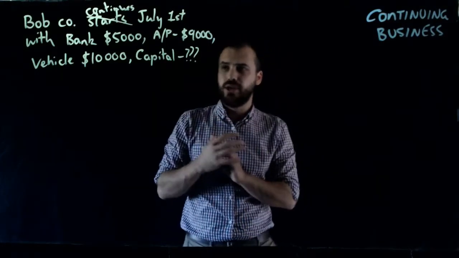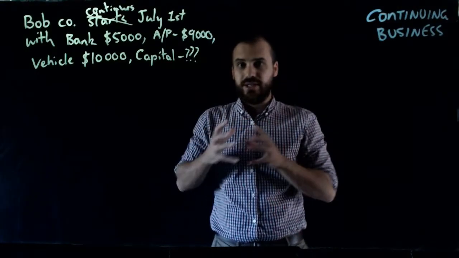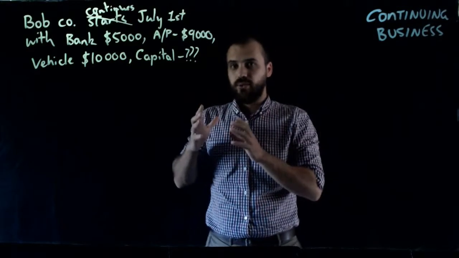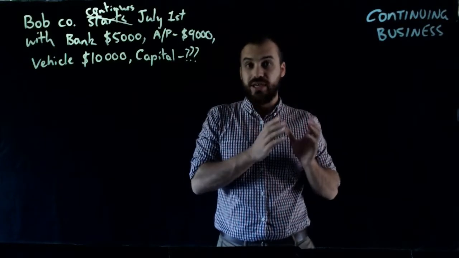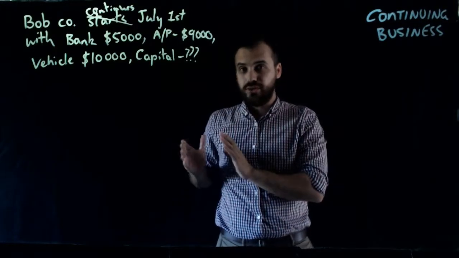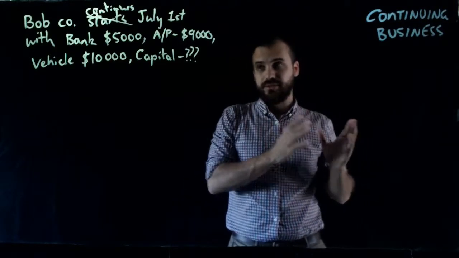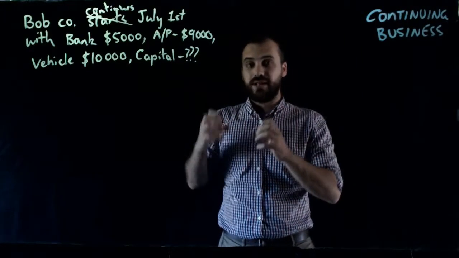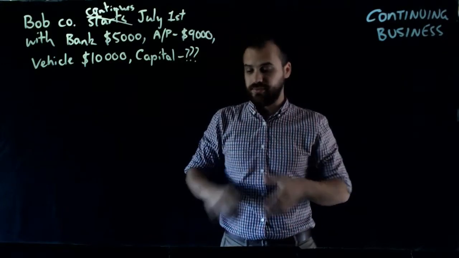No one put any money in, no one took any money out. It's just continuing. It's just what it is. And the way that we account for those things is not in the journal, but in the ledger. Okay, so all of this stuff's going to end up in the ledger as balances that are brought down.